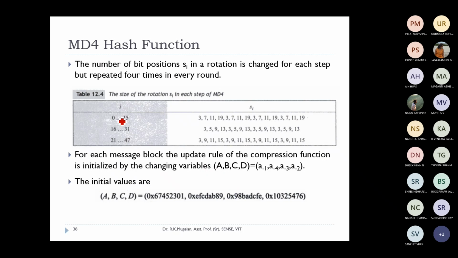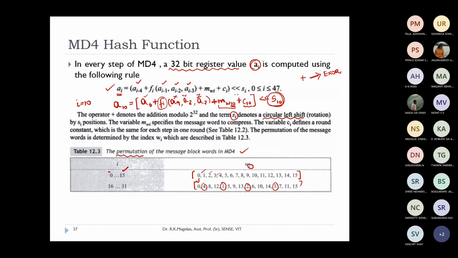This is for round 1, round 2 and round 3. When I is between 0 and 15, the first step will go for a 3-bit left shift, then 7, 11, 19, again 3, 7, 11, 19, like this, up to step 10. So an 11-bit left shift will be happening here.